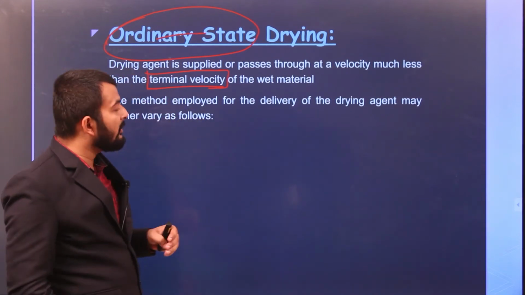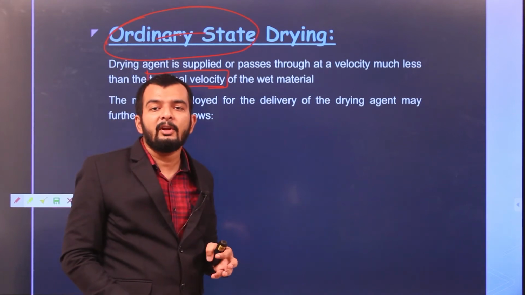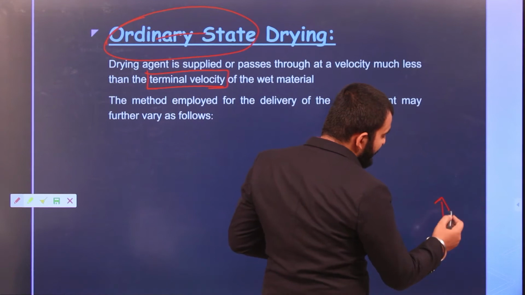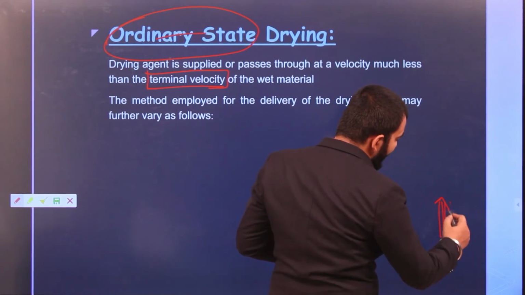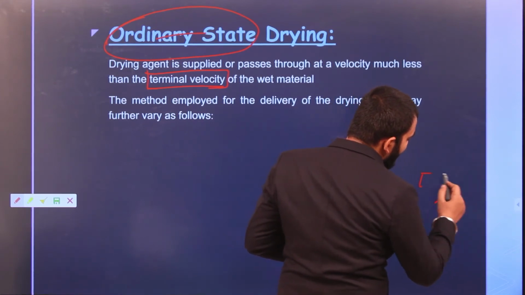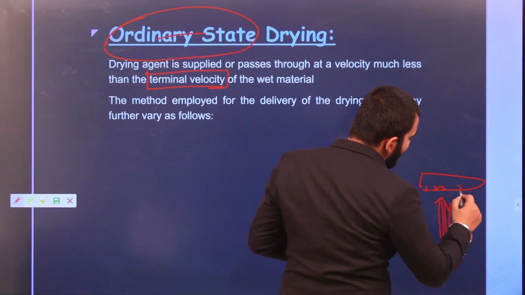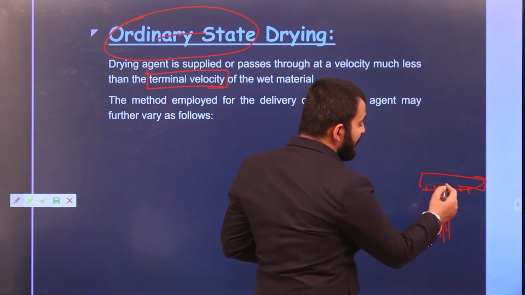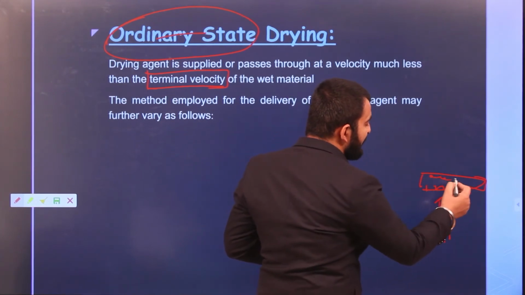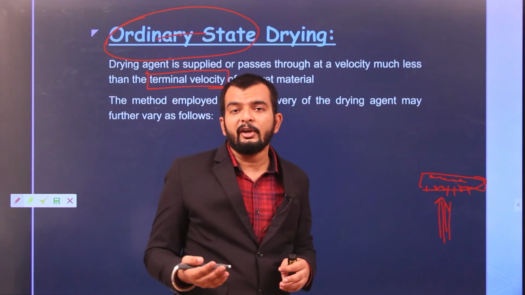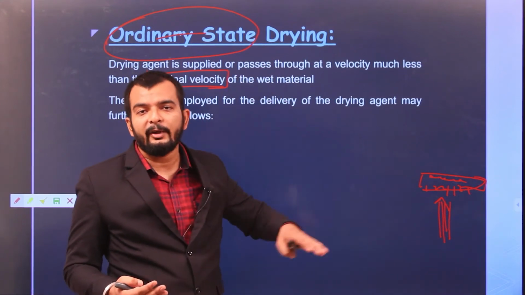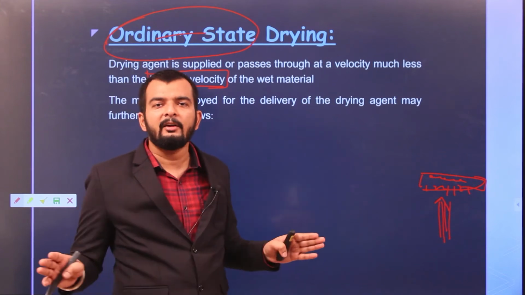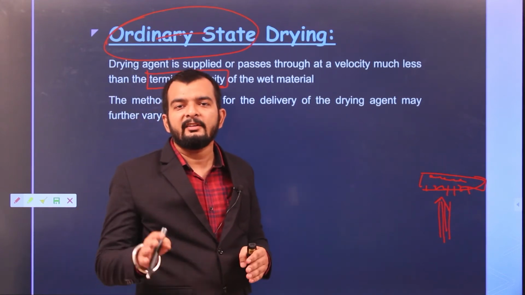So terminal velocity is the velocity where, suppose I am passing a stream of air, right? Here are some grains kept in a bed which is perforated. I'm just taking it as an example. When this air passes through this bed which has perforations and there are grains in it, if the velocity of air is very less, the air will pass through the grains and nothing will happen to the grains; they will not move.